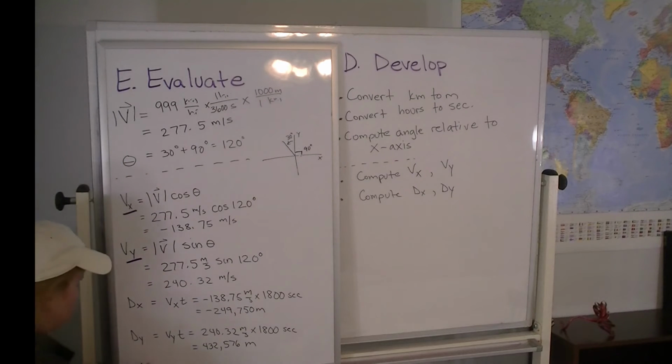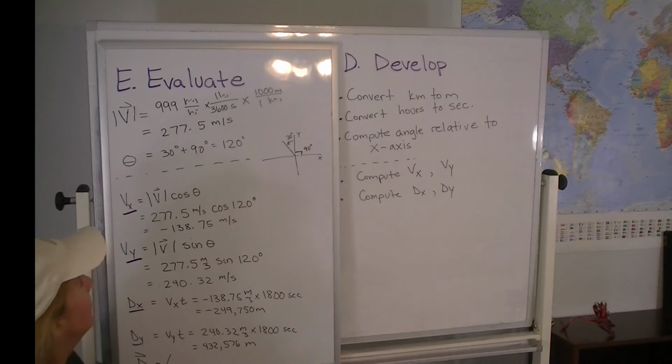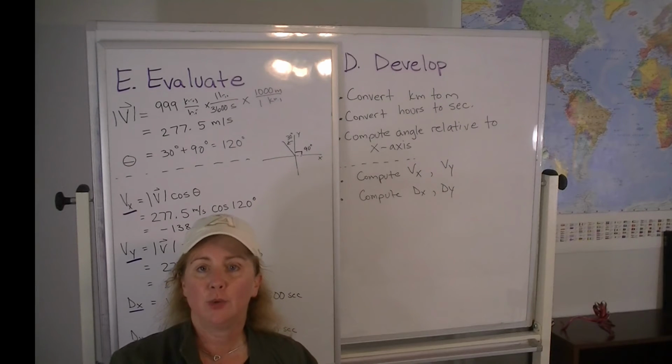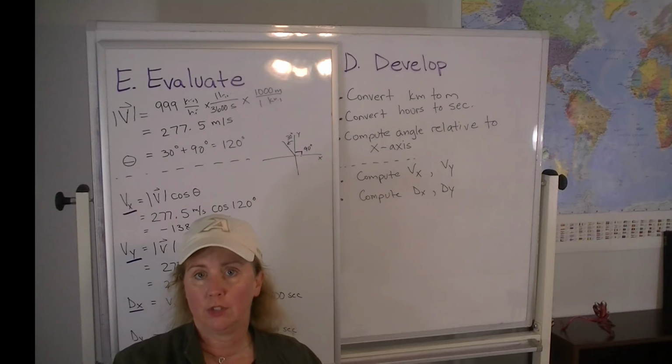We can express then the displacement vector as the x and y components, but there's one other thing we should do here, which is watch our significant figures. So at the beginning of the problem, if you remember, the magnitude of the velocity of the airplane was given as 999 kilometers per hour, which is 3 significant figures.